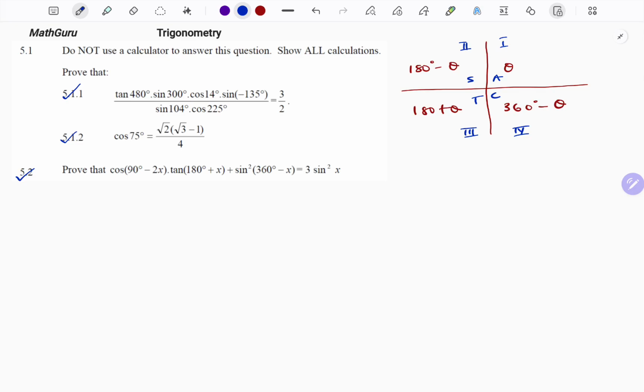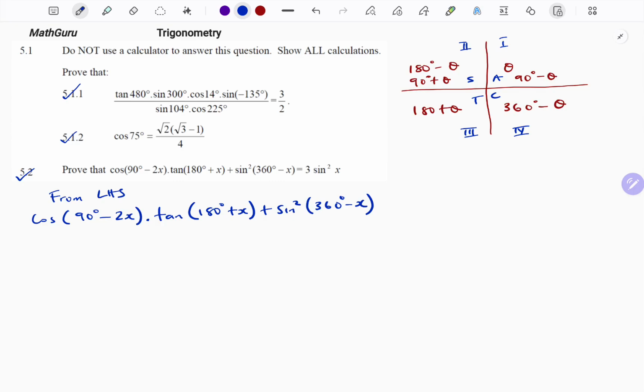So once again, I'm going to prove from my left hand side, and that is I have the cos of 90 degrees minus 2x multiplying the tangent of 180 degrees plus x plus the sine squared of 360 degrees minus x.